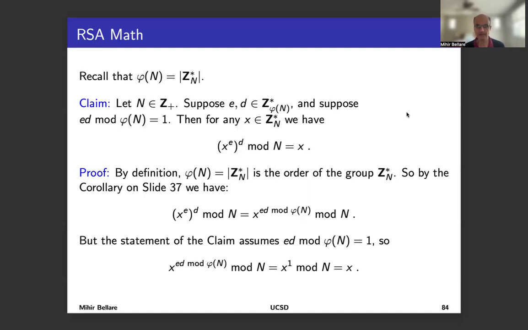But either way, the basic mathematical fact about RSA is given by this claim over here. It's actually not new. We've seen this before when we discussed equation solving. It's just saying the same thing we did there, but I'll say it again in this context just so that we have it as the basis for RSA. So suppose we have the modulus n, some positive integer.